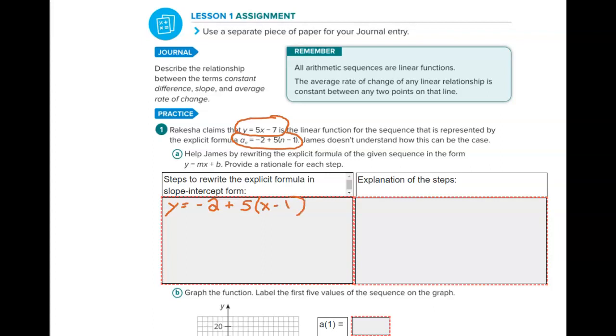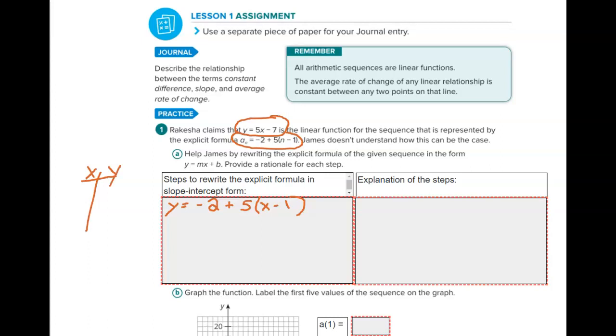We could have used other letters. We could have used A and B, or Q and P, or T and S. I mean, we could use whatever variables we wanted. But because we often have tables and label them with the input of X and the output of Y, it kind of makes sense, right, to use X and Y.